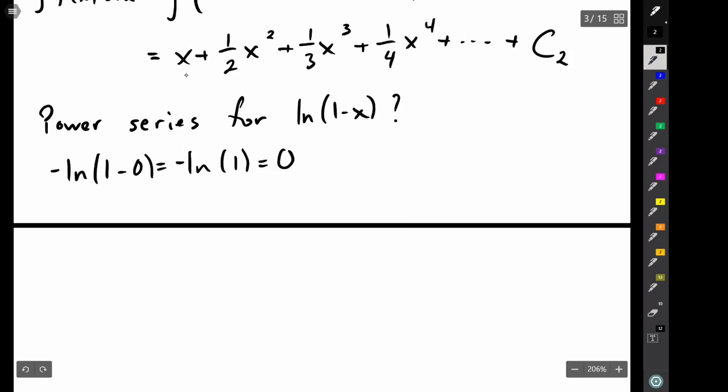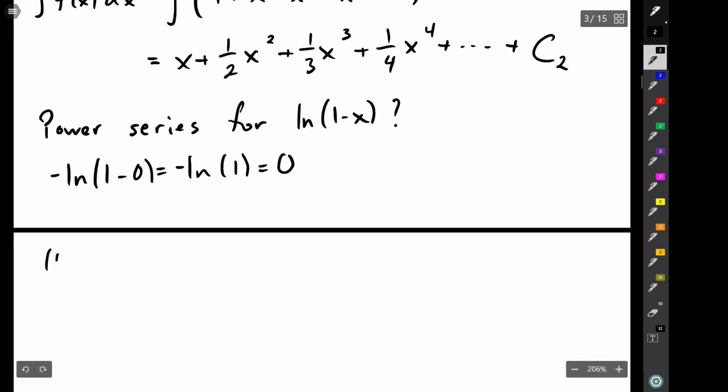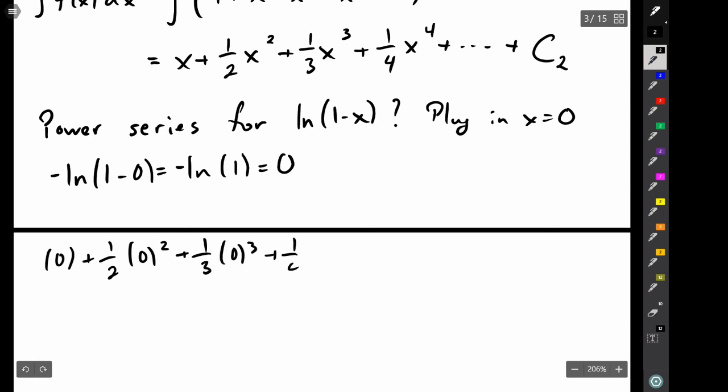Right? Now let's plug it into this series here. We're plugging in x equals 0. So plug in 0: 1/2 of 0 squared plus 1/3 of 0 cubed plus 1/4 of 0 to the 4th plus C2.